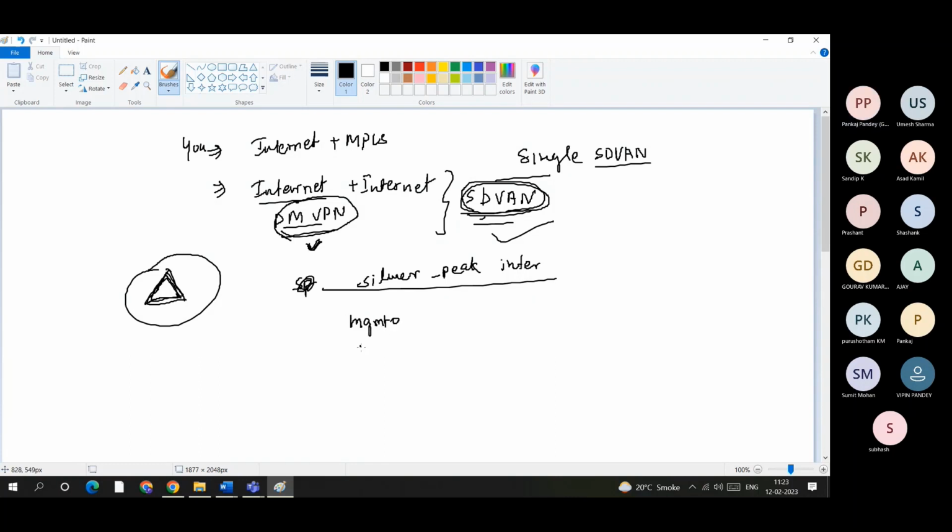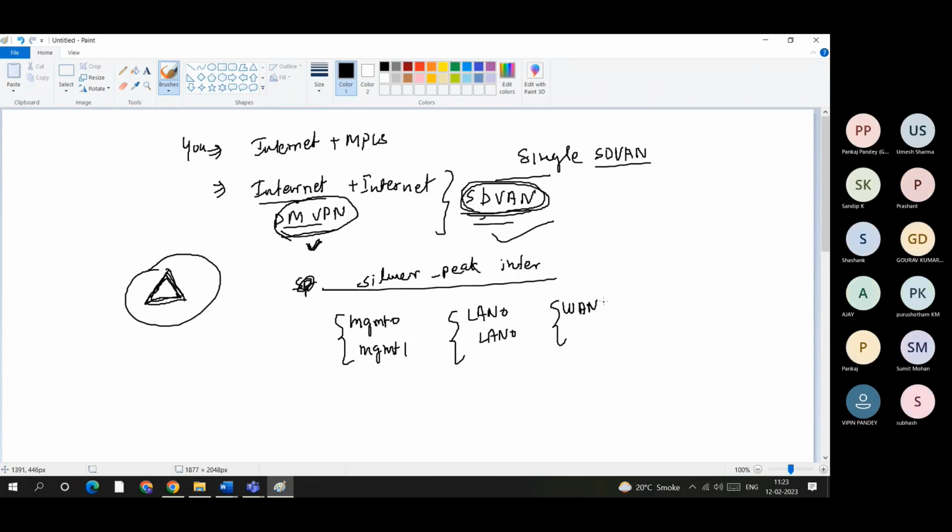MGMT0, MGMT1, two management, two LAN, LAN 0, LAN 1, all are Ethernet. Okay, this is a legacy device. WAN 1 and WAN 0.